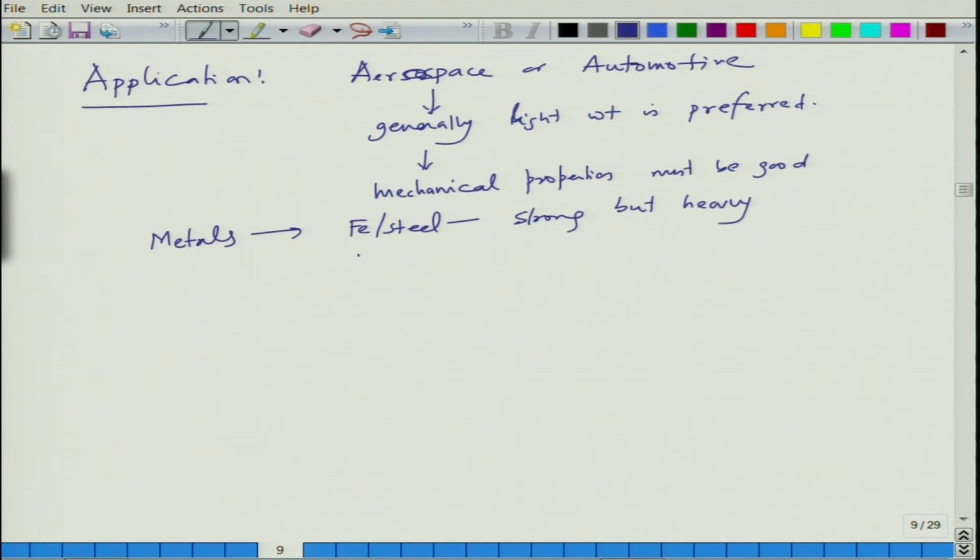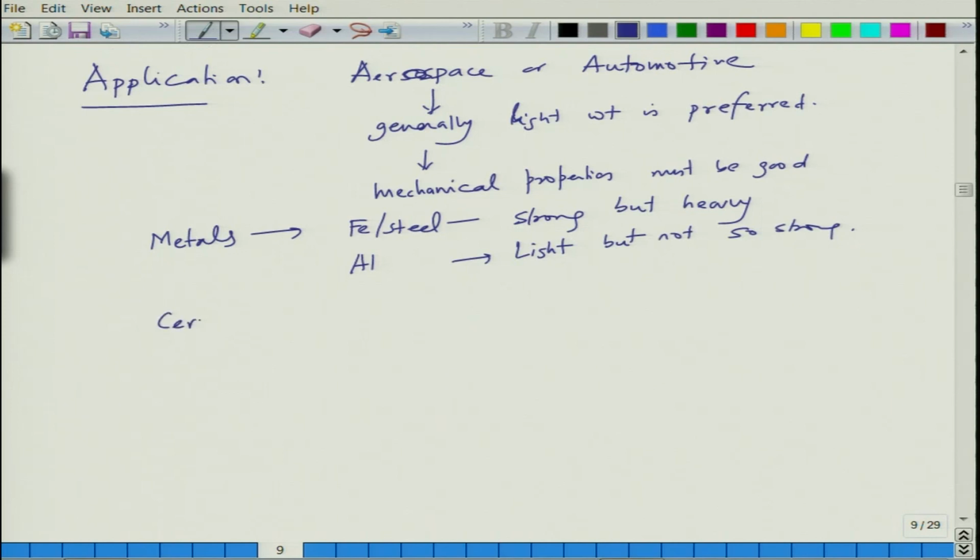If you look at aluminum, it is light but not so strong. So, for example, our criterion is, let us say, stiffness. We want high stiffness. Aluminum does not have very high modulus, so it is not very stiff, but it is lighter. Steel on the other hand is cheaper, it is stronger, and it has high modulus, but it is very heavy.